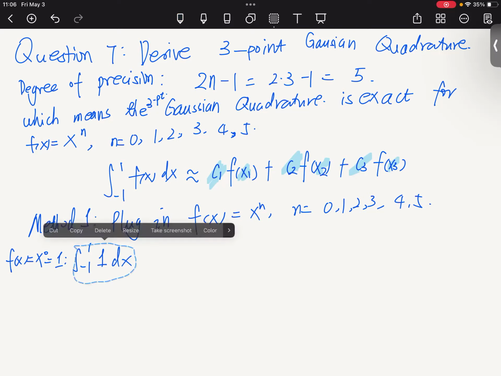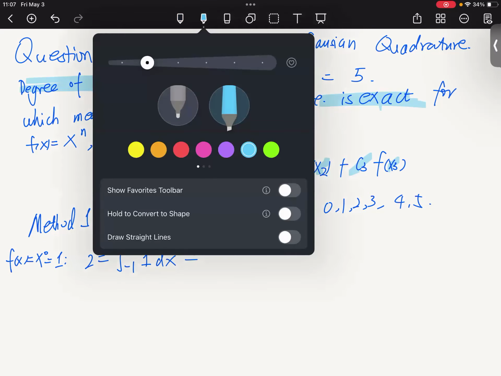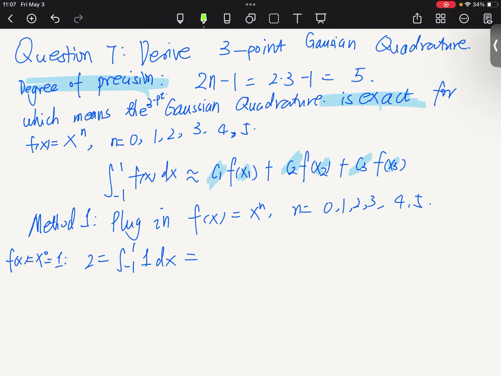On the right hand side, because of the degree of precision definition, the Gaussian quadrature rule is exact, which means that for f(x) equals 1 this is no longer just approximately equal to; we actually have the equal sign because it's exact.